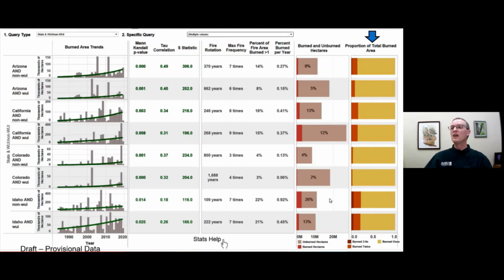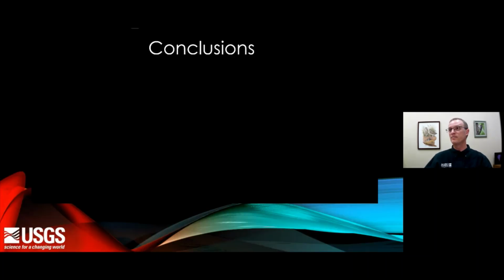In this example, I'm looking at wildfire trends in WUI and non-WUI areas of 4 states. There's a ton of detail and statistics here that I'm not going to go into, but by making this data public, we are allowing anyone, scientist, reporter, or interested member of the public to see the same data and come to the same conclusions. So let's wrap things up because I've been talking for far too long.